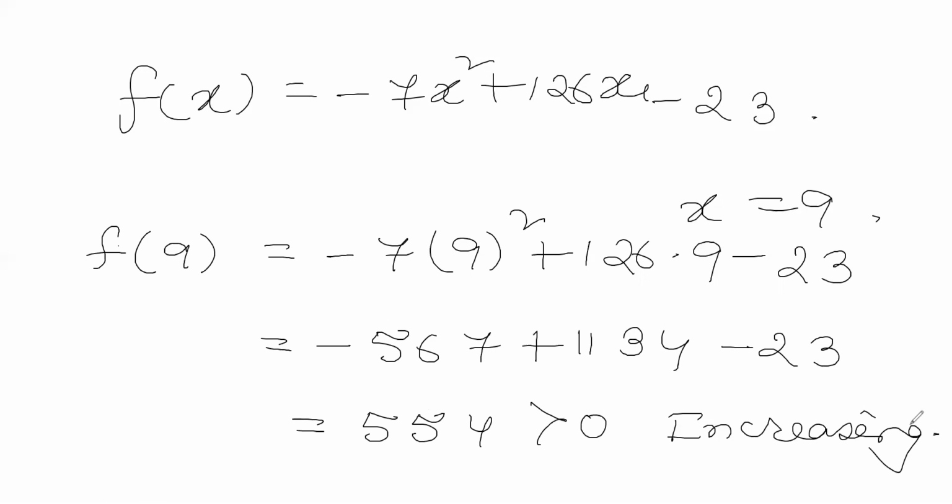However, for this particular problem, my focus was especially on whether the function is at its relative maximum or minimum. But you can also identify whether the function is increasing or decreasing in nature.